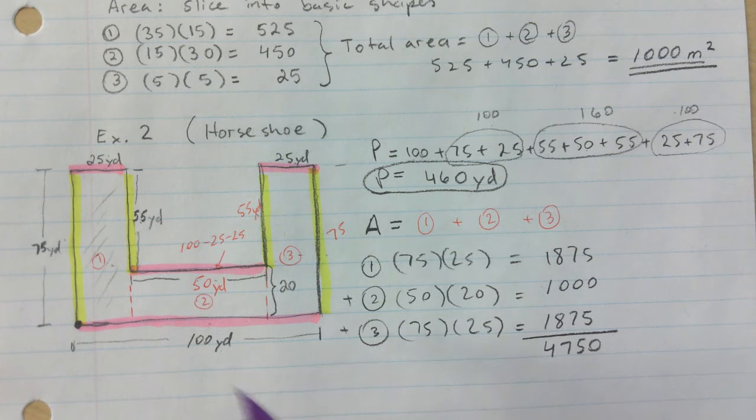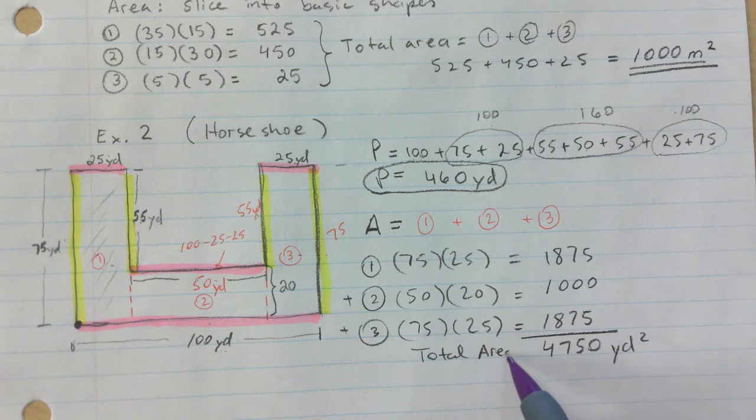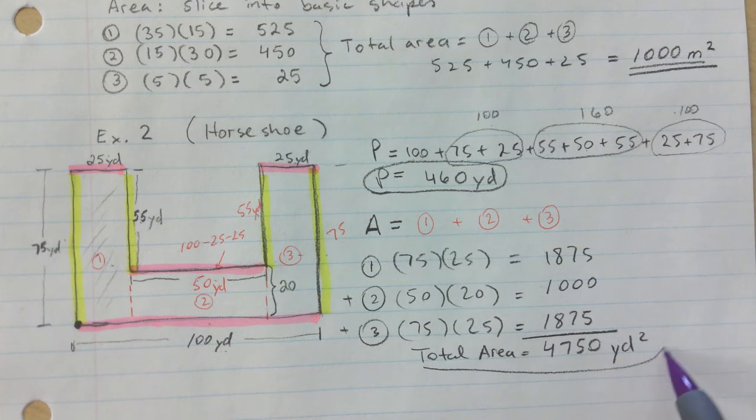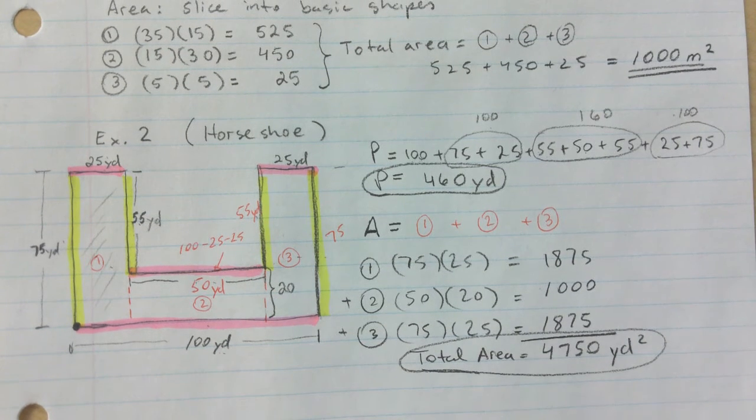And what units are we in? We are in yards. So we just go square yards. Total area is that. And now you found the area of this horseshoe.